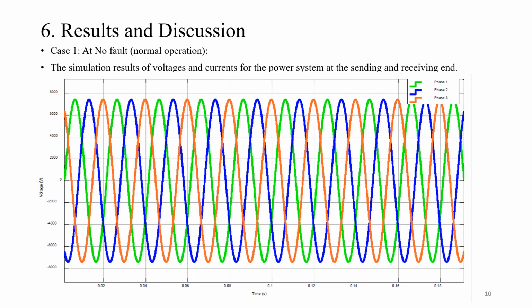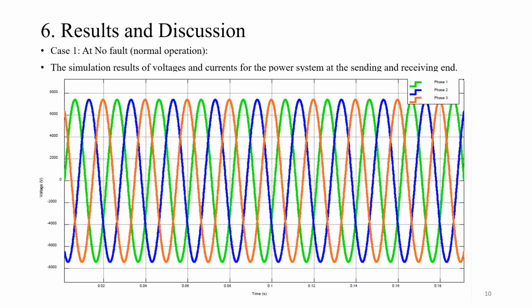Moving on to the results and discussion, I have created two cases. One is case 1. As you can see, at no fault condition, the simulation results for voltage and current for the primary and secondary are stated in here. So this is the primary side voltage.